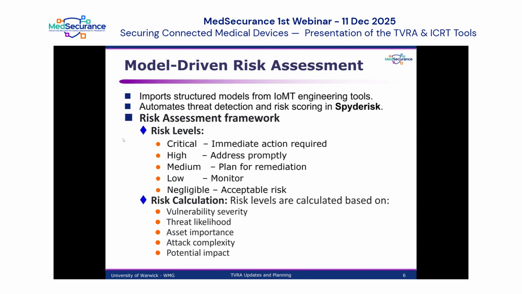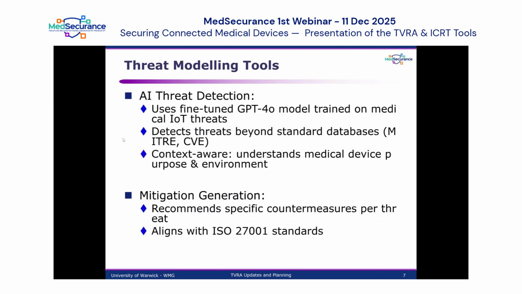So we consider how important the asset is as a factor in the risk calculation. Another factor is attack complexity, and the last is the potential impact: how impactful the risk is. So this is the way we assess the risk associated with the IoMT network.